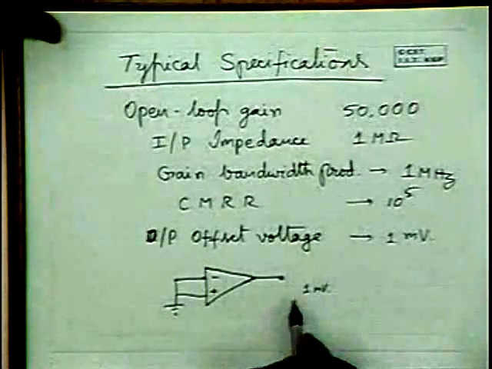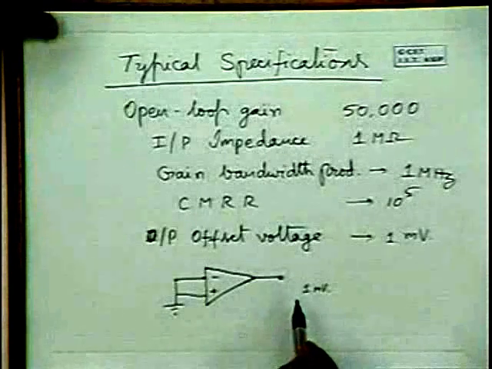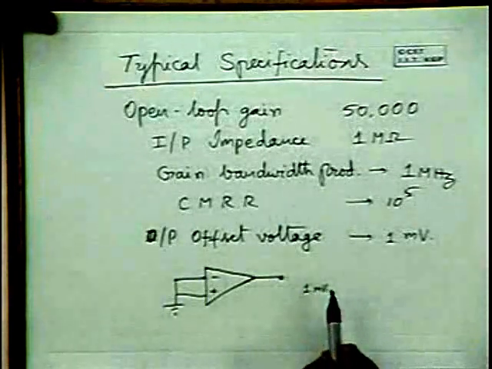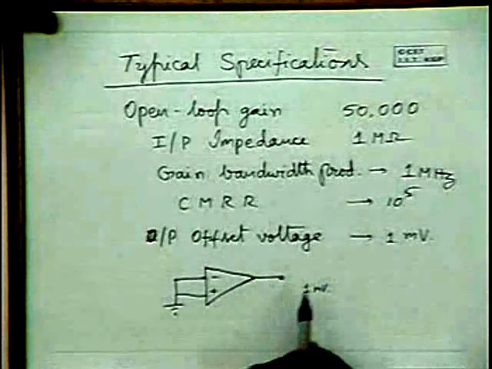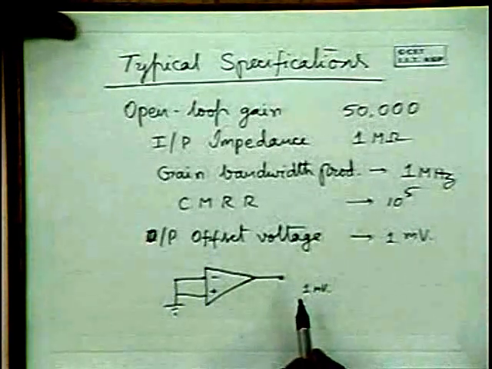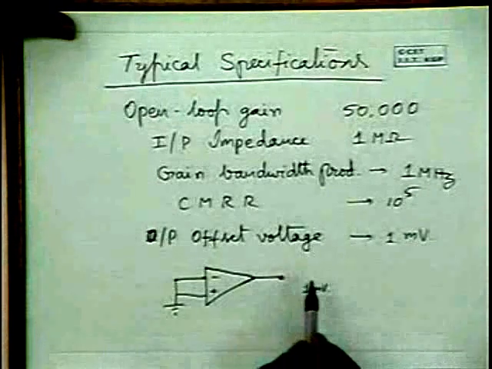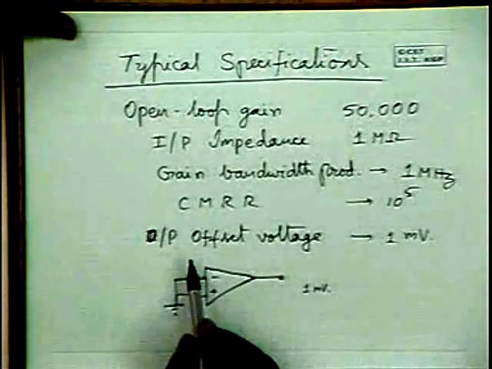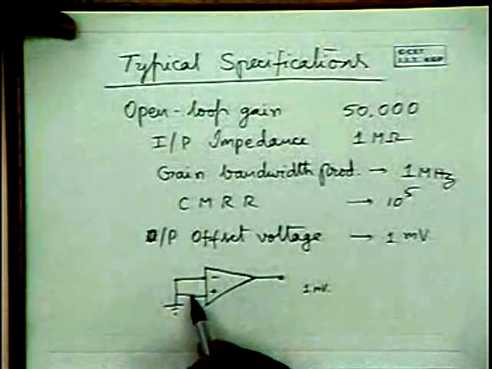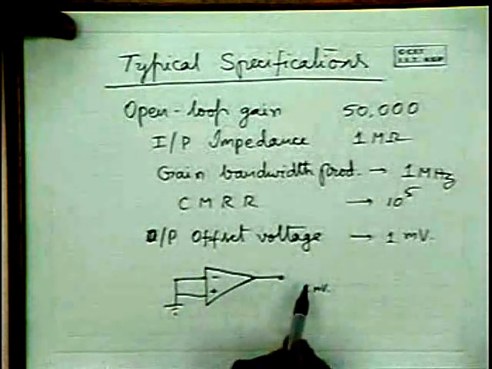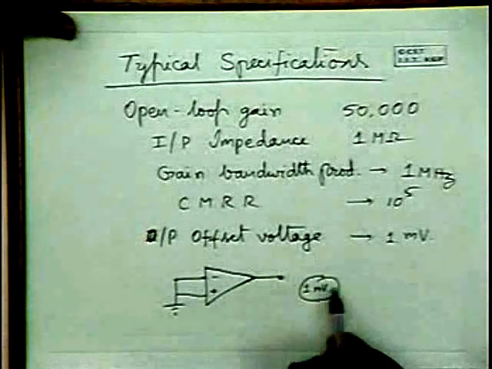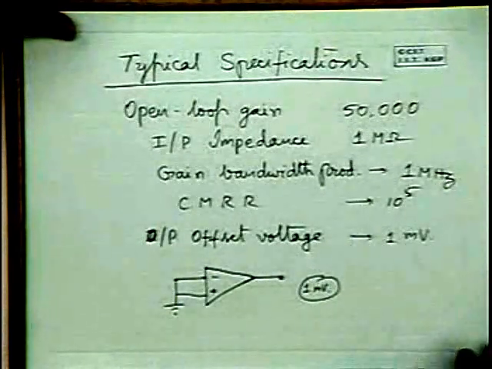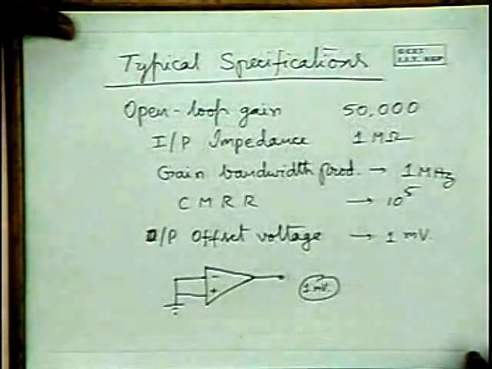This level translator may not provide complete level translation, and there may be some small error because of which you will get some offset voltage. This can be made 0 through some arrangement, by applying some voltage at the input so that the output voltage is 0. So this voltage is known as the output offset voltage.